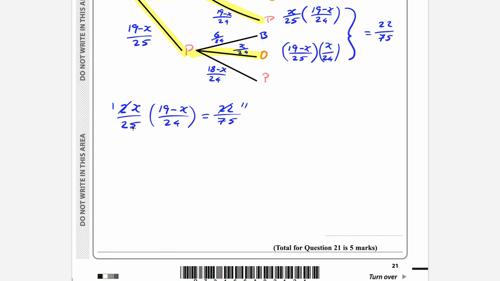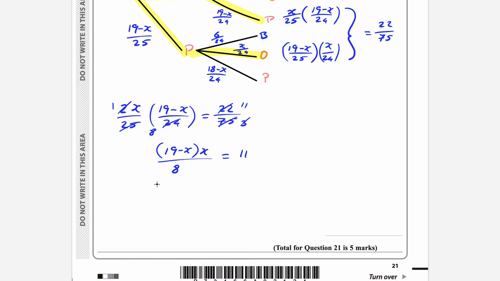Multiply both sides by 25, we'll get rid of this and turn this into 3. And anything else? Yes, I could multiply both sides by 3, we'll get rid of that, and this will be 8. So now I have 19 minus x times x, don't forget this x here, over 8 equals 11.